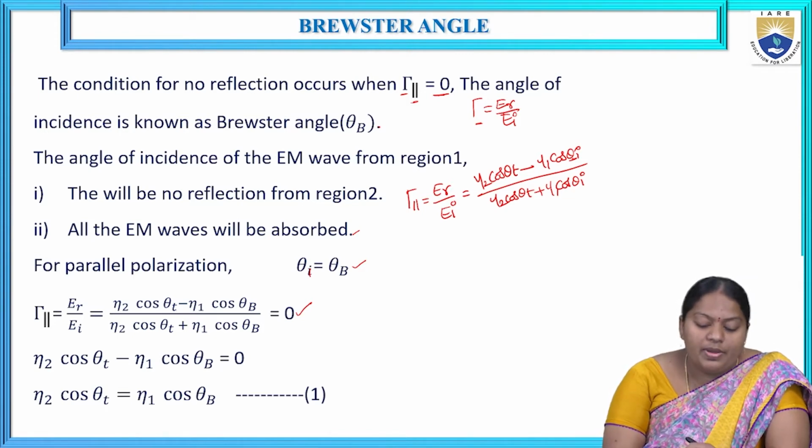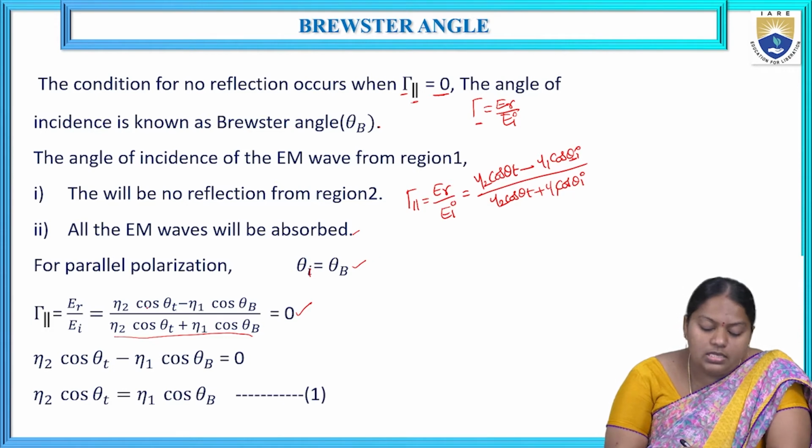Then gamma parallel equal to 0. Right? So if you equate this, the numerator term is equal to 0, and we have eta 2 cos theta t minus eta 1 cos theta b equal to 0. Now from this we can separate the theta t terms and theta b terms.